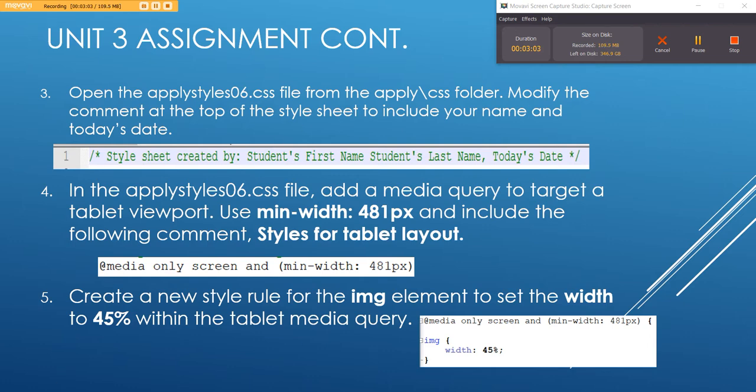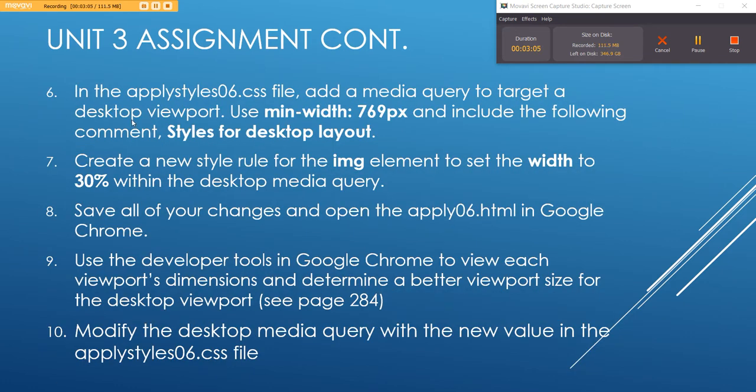So that's what's going to make it different. So here we're going to go 769, and we're going to go with an image of 30%. Then you're going to save your changes and open the HTML file in Google. You're going to use the developer tools to view each viewpoint's dimensions and determine a better viewpoint.